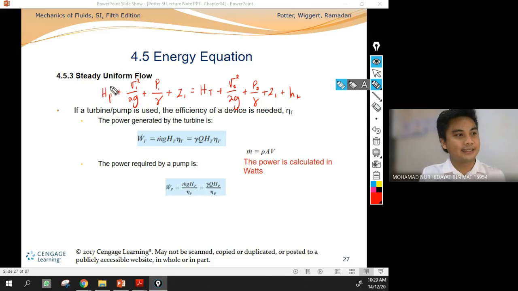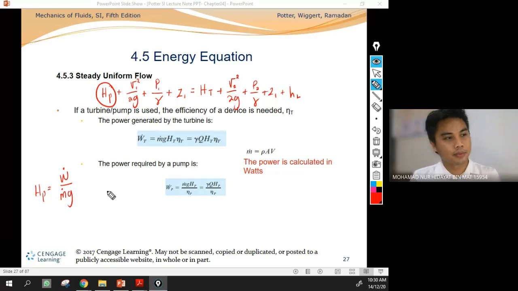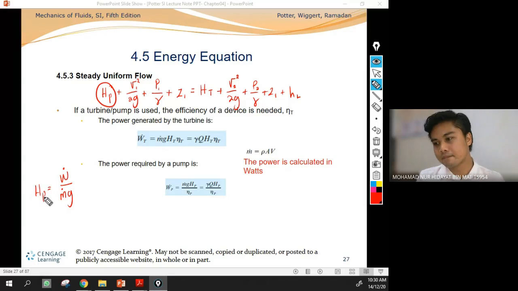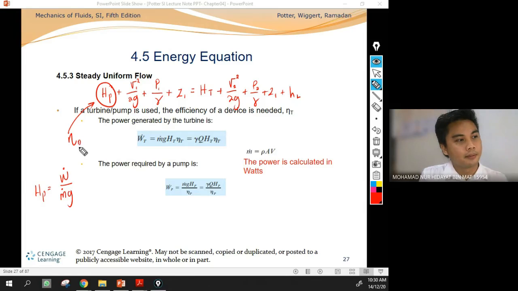So basically this HP is related to the work done over mass flow rate times gravity. So when it involves the pump, we multiply this one with the efficiency of the pump.